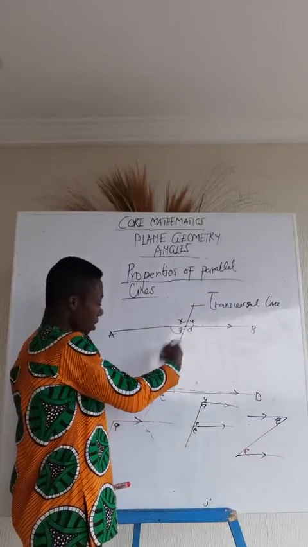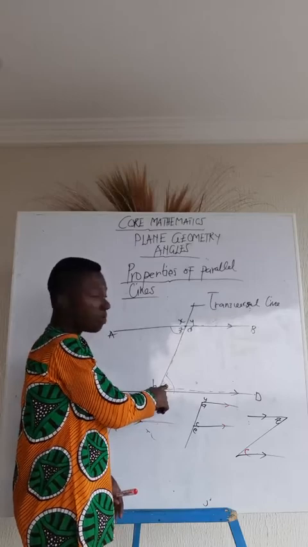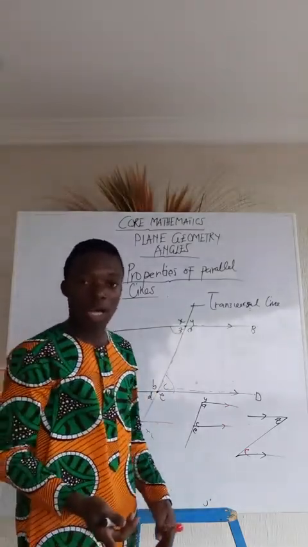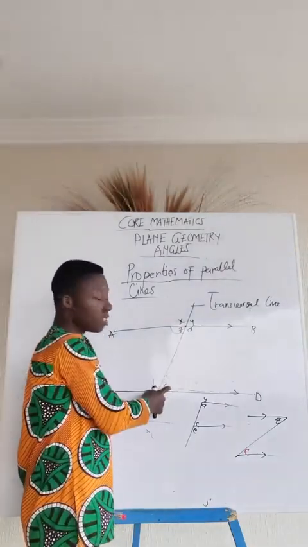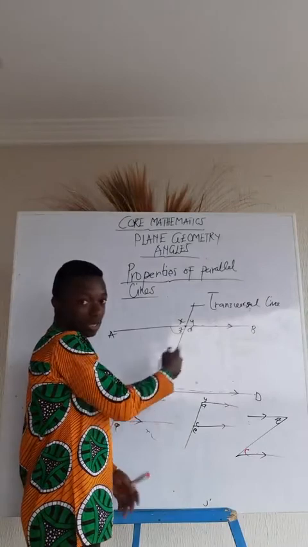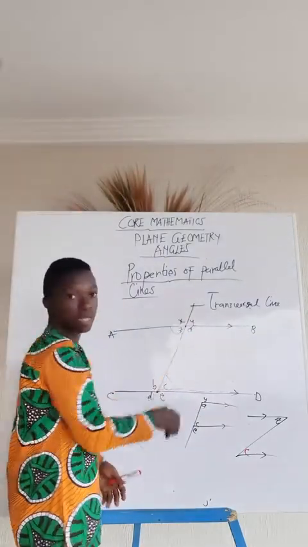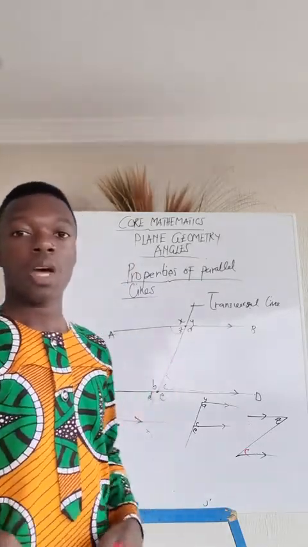Likewise, co-interior angles, A plus C will give me 180, right? Z plus D also gives me 180 for co-interior angles. Then talk about alternate angles. Z and C are the same, so it's alternate angles. Then A and B are also the same angle because of the alternate angles property that we are using.